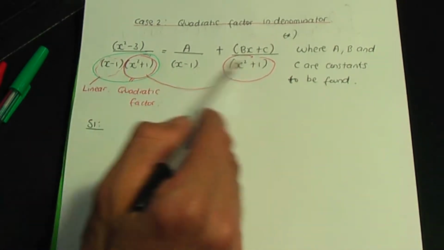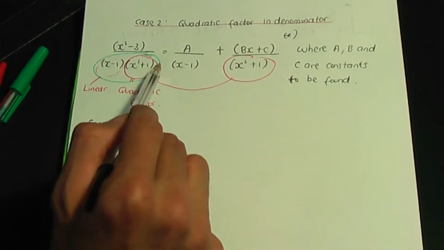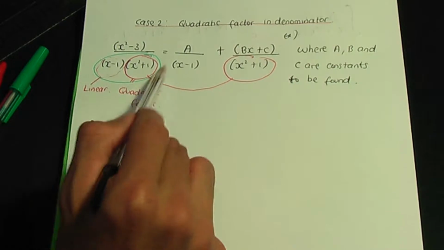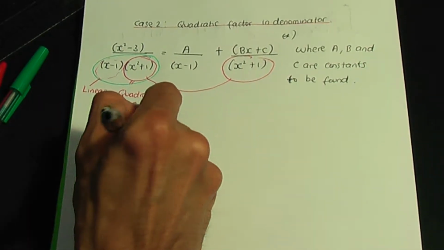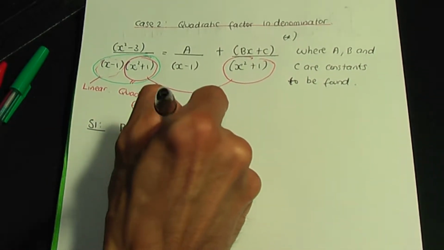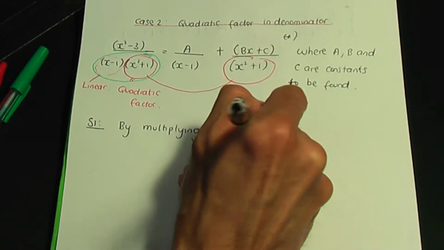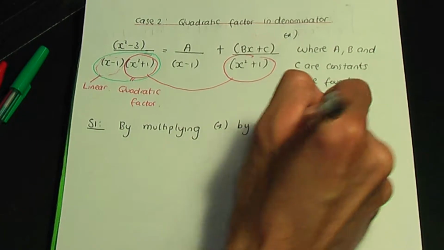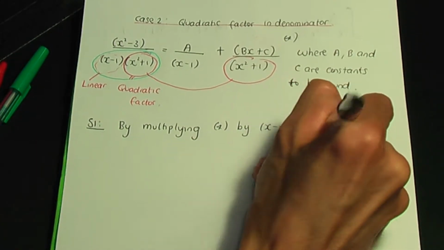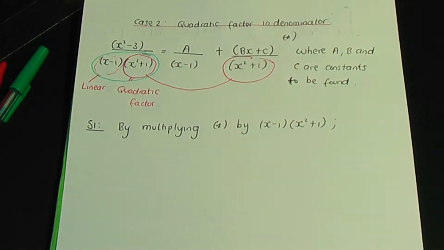You need to multiply this entire equation by that term, so by multiplying the equation by x minus 1 into x squared plus 1, if we do the multiplication, this is what we're going to have.